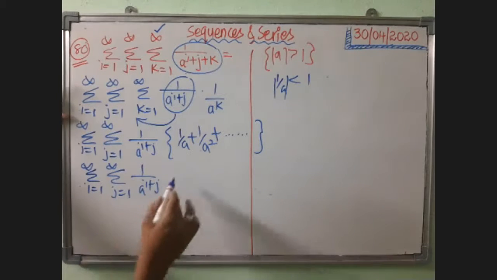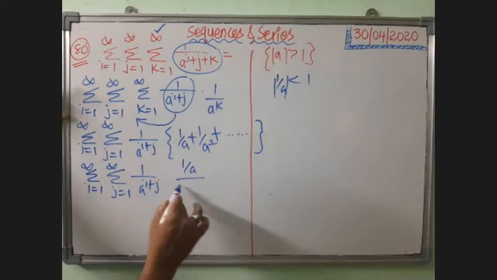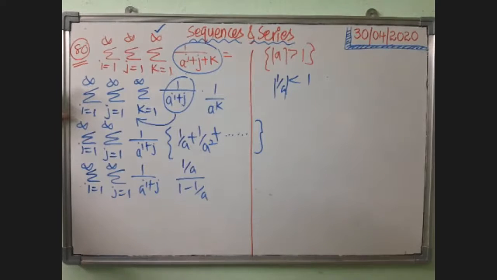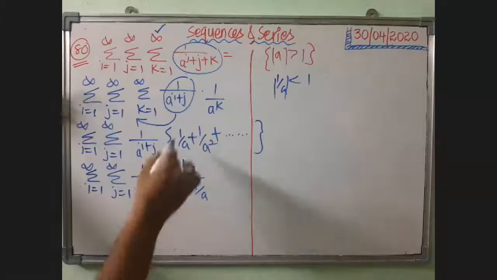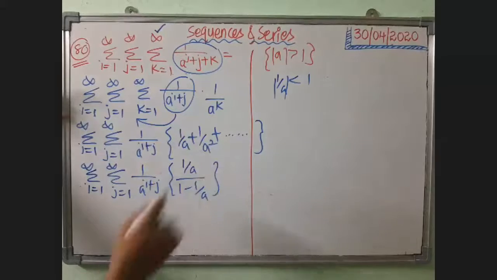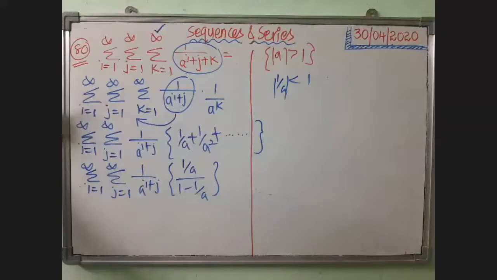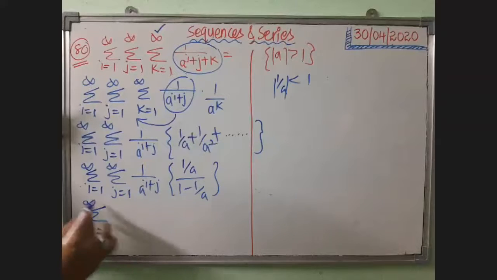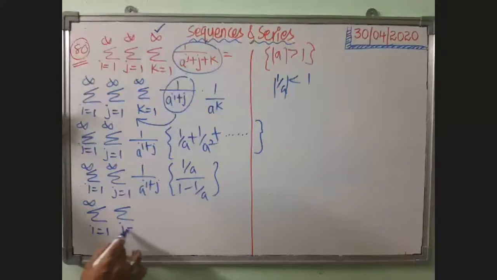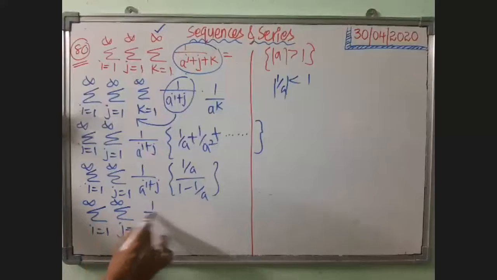So this formula is actually a by 1 minus r. What is the meaning? The a value is 1 by a. Okay. The r value is what? 1 by a. So a by 1 minus r. So what I am getting is, this is sigma i equal to 1 to infinity, this is sigma j equal to 1 to infinity. Here, this is for j, no?